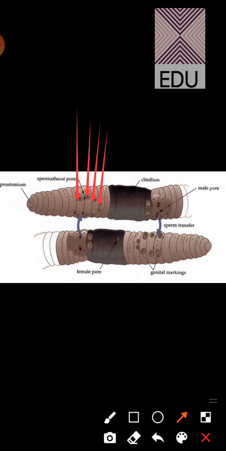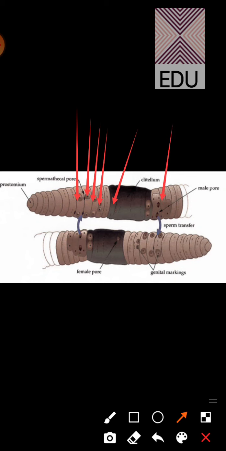Then we have the female genital pore. We have this female genital pore at segment number 14. On the upper earthworm, you can have the female genital pore over here in the 14th segment. If we go with the genital papillae or the male genital pore, this is on the 18th segment.